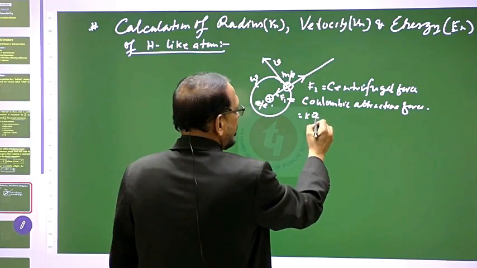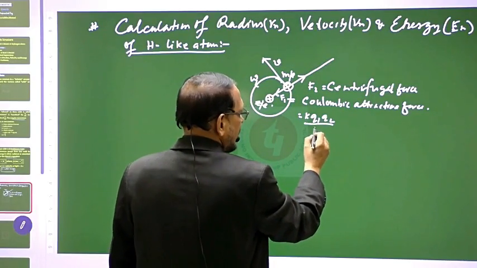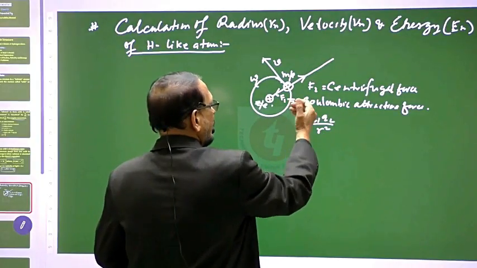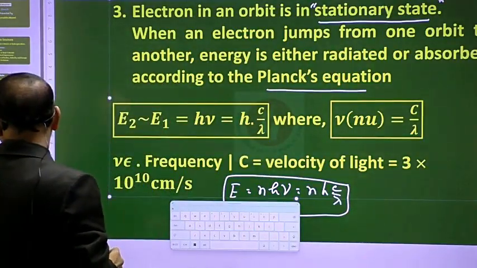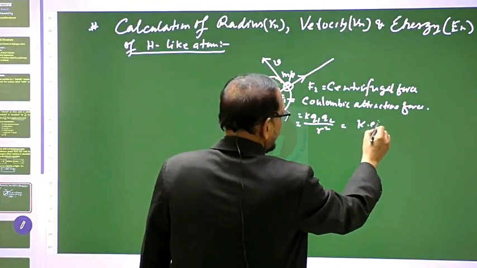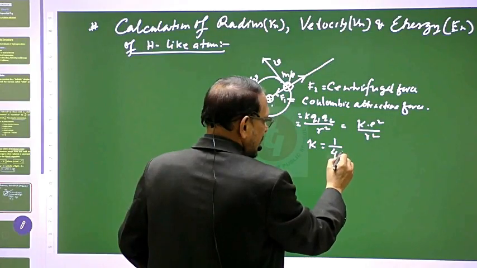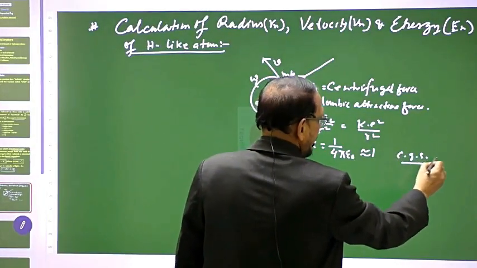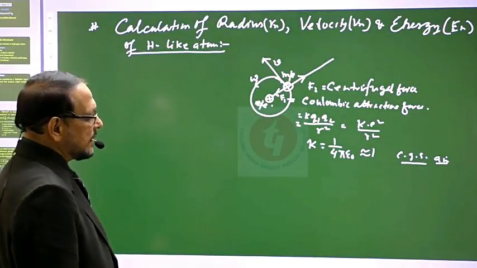K is the constant 1 by 4πε. In the CGS system this is equal to 1, with air as the medium, so we are considering K equal to 1, and the force is K e square by R square.